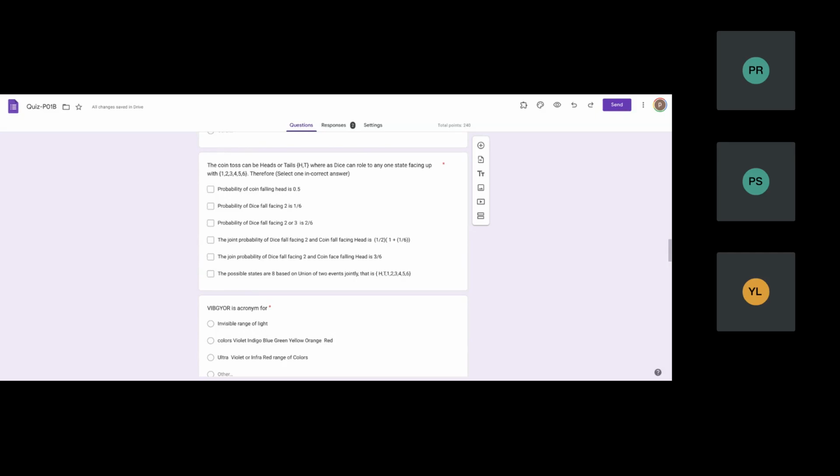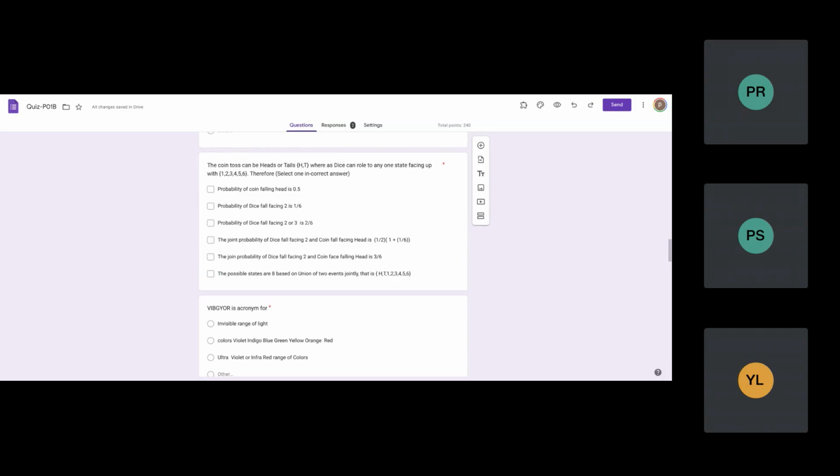What is that? So half is outside, right? For the coin, probability is half, that is outside. And the other probability is 1 by 6. So 1 plus 1 by 6 into half.